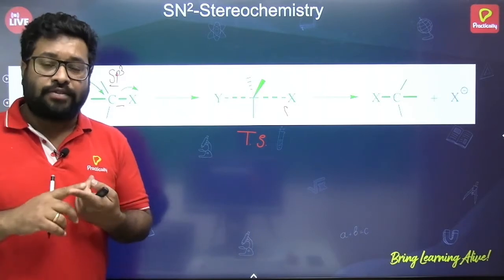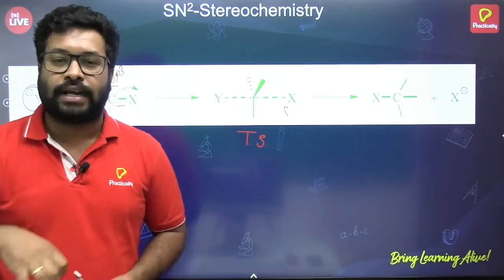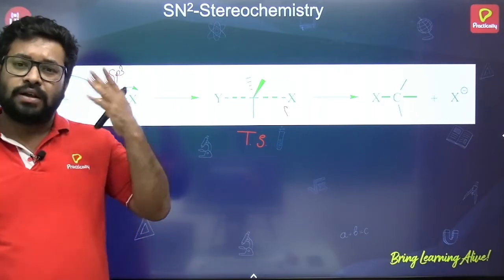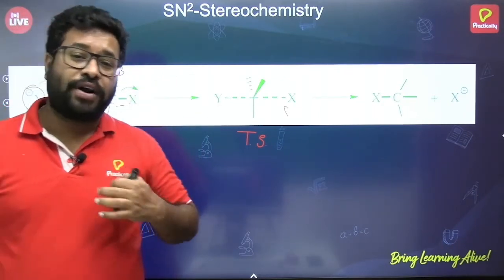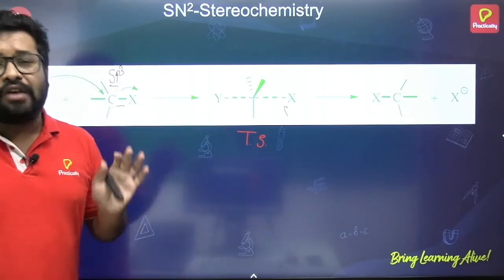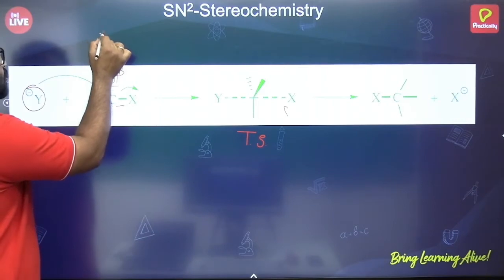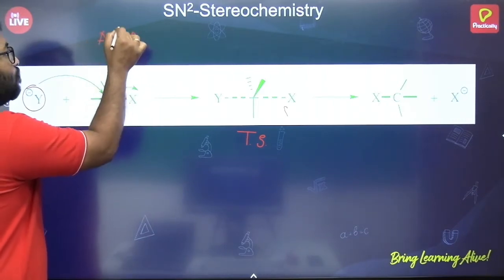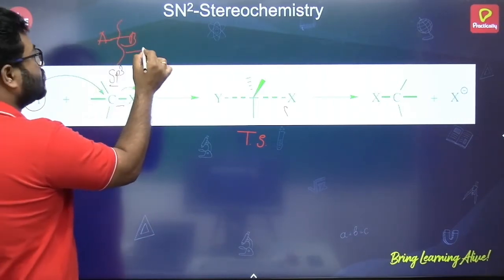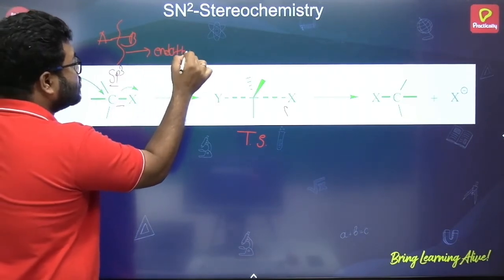As I told you, one way of viewing this is that there is a deposition of electron density into the anti-bonding orbital of CX. The second way is that, see, every bond breaking process, you take any kind of bond, this bond breaking process is always what? It's endothermic, isn't it?